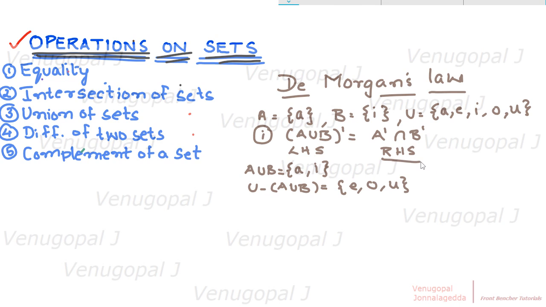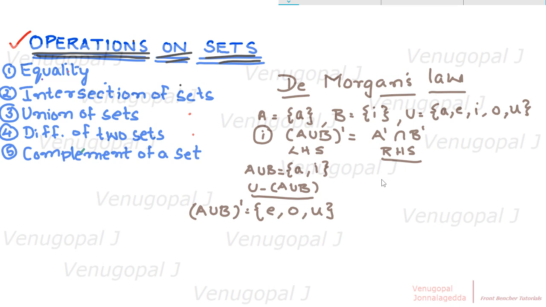Now let's do the RHS. So I'm writing this part down so that it does not come under. The complement of A union B is E, O and U. And now let's look at the RHS, which shows A complement intersection B complement.